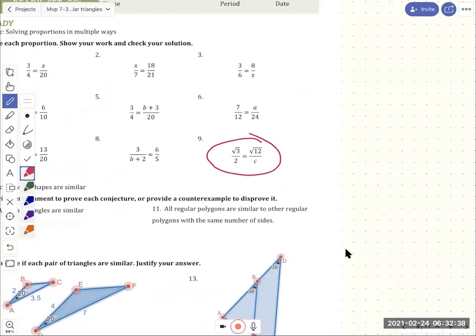Okay, so remember, if you have to, you can always cross multiply. But it's nice if you can see a ratio. So what would I multiply this by to get to here? And you think, well, the square root of 12 is the square root of 4 times 3. So it really looks like it might just be a 2, right?